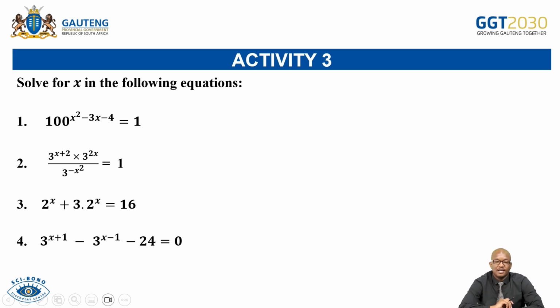You can see that as we move to activity number 3, it gets a little bit complex. But we also need to understand the definitions of exponents. Let's remind ourselves of some of the definitions of exponents. We know that any number raised to the exponent of 0, that number will be equal to 1.